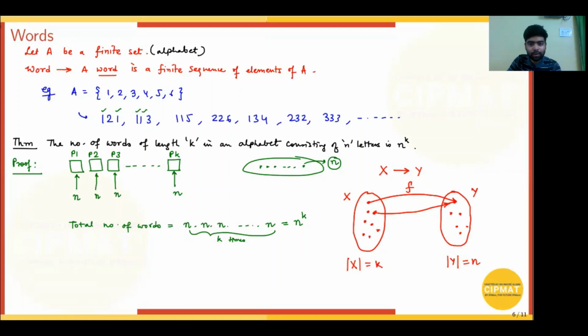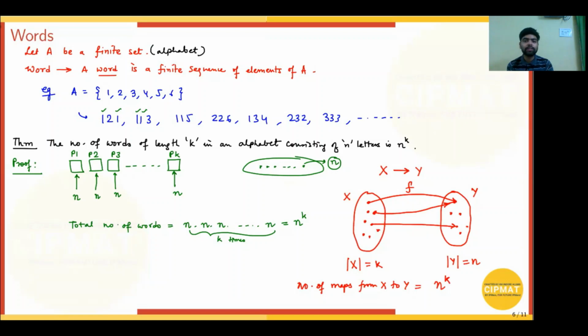So that is what we know from functions. Let's say this is mapped to this particular element, and it goes on like this. So for every element, it is going to have n choices again. So the number of maps from x to y is going to be n to the power k.